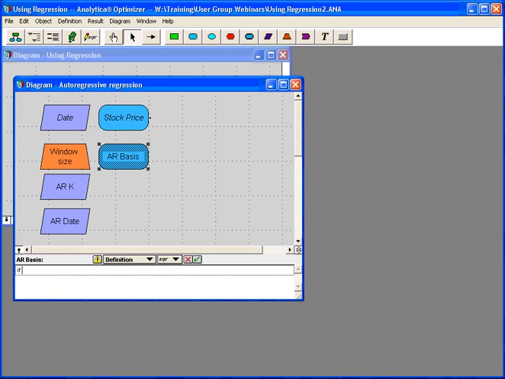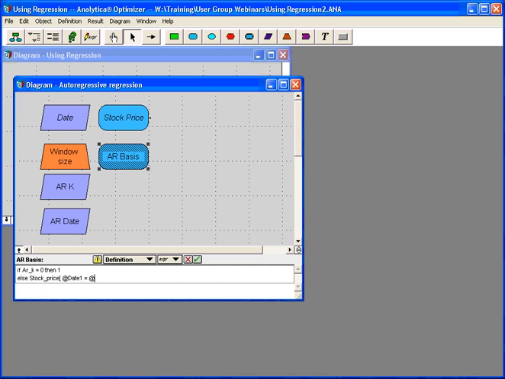First of all, if we have that 0th term, then we want a constant 1. Otherwise, we want to use the previous 10 data points. So I'm going to take the stock price, which is indexed by date, and shift it backwards 10 days, except I only want to do that for the AR date.